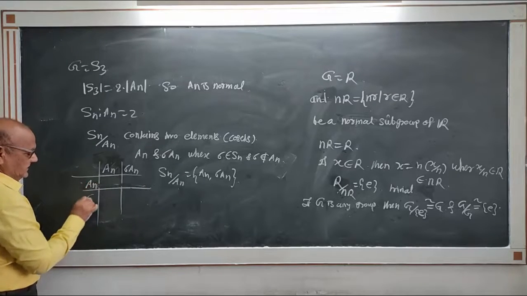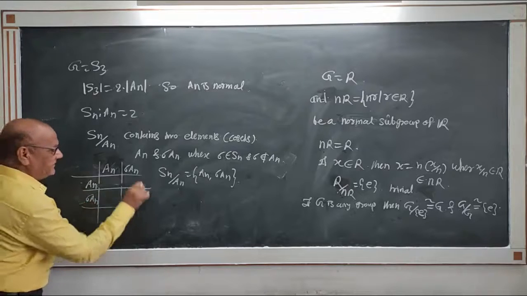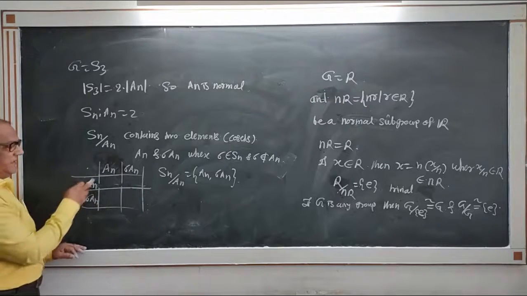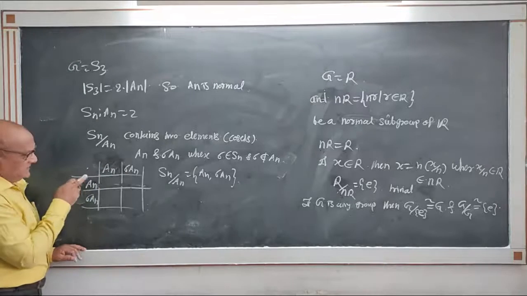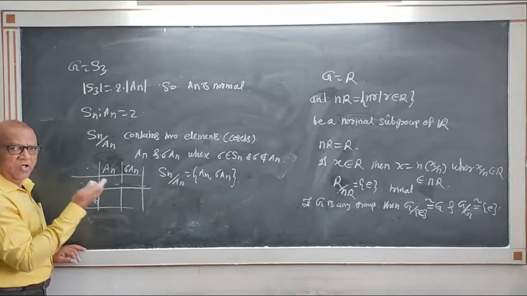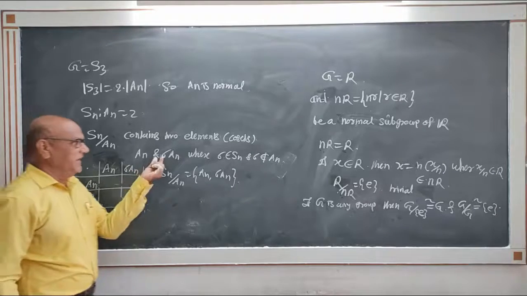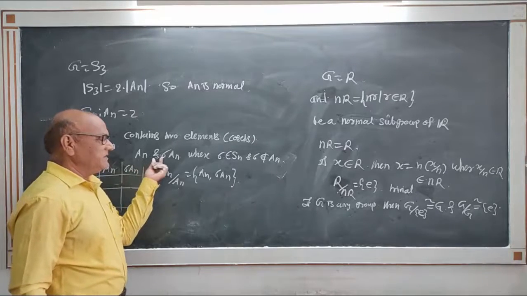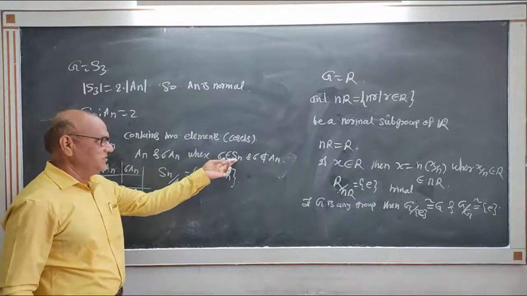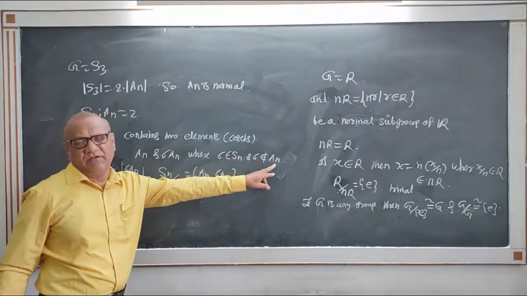Now multiply. Here An is the set of all even permutations. Sigma is an odd permutation, because sigma belongs to Sn but sigma does not belong to An.